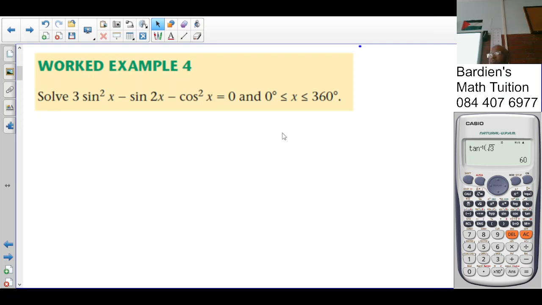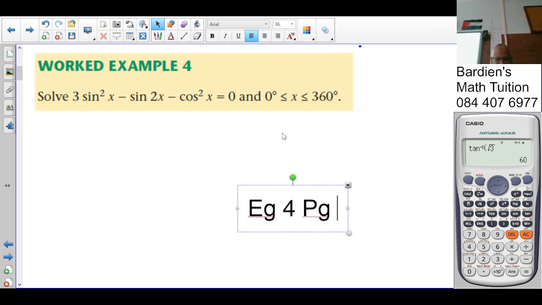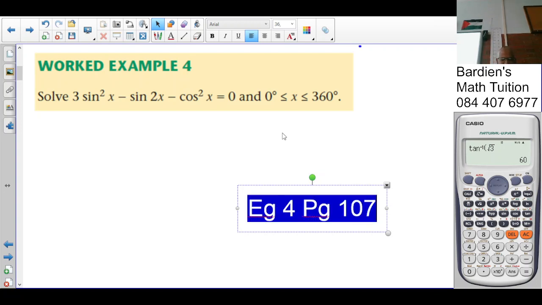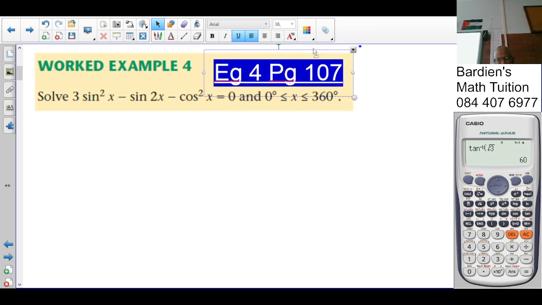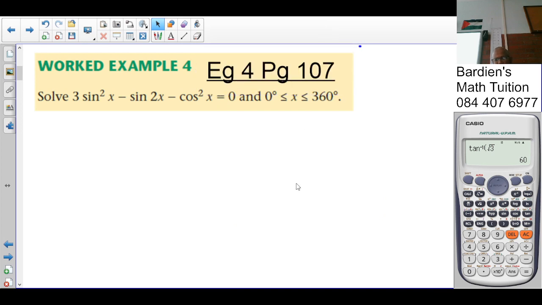General solution is 7 marks in the exam. So please learn this work. Here's the next one. Example 4, page 107.